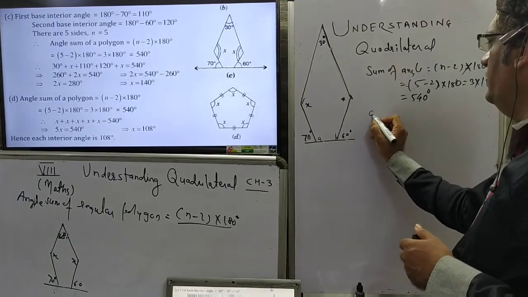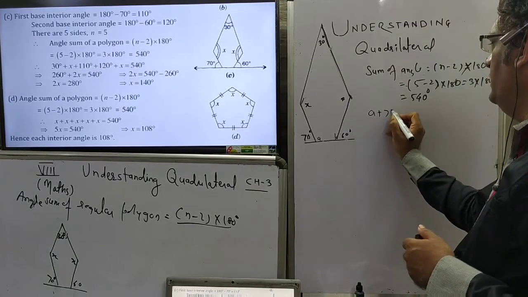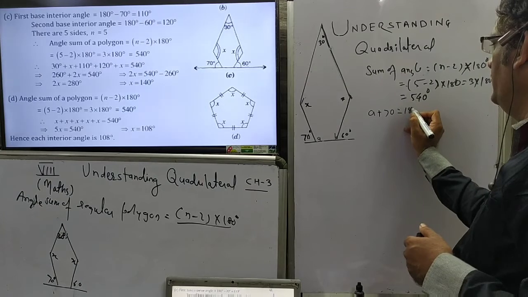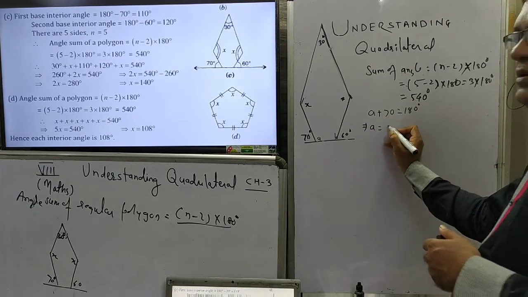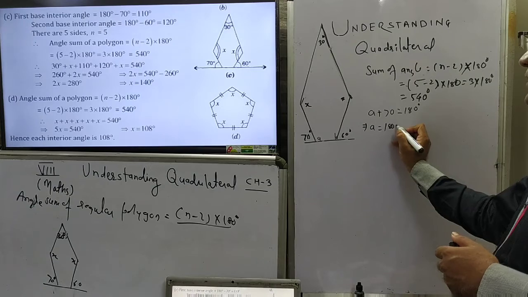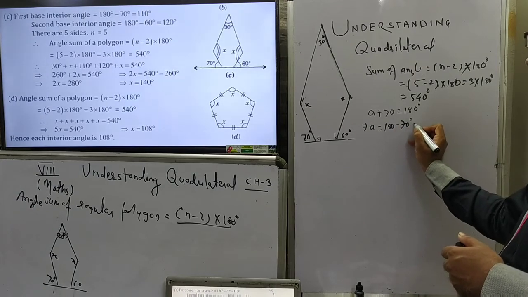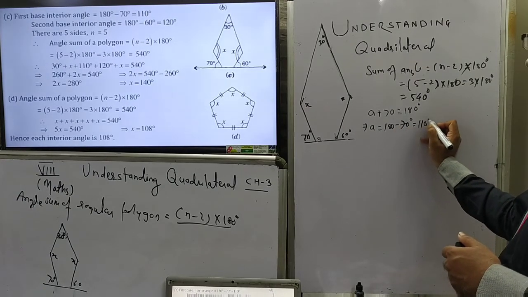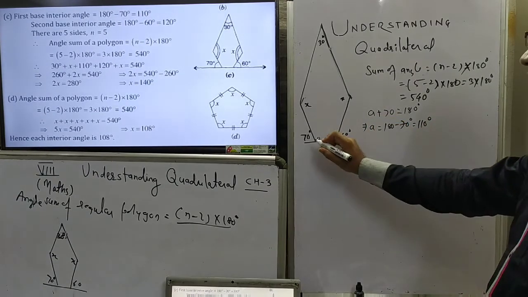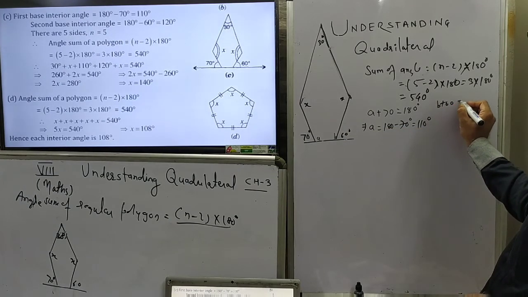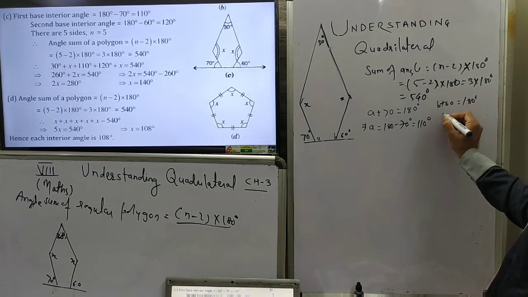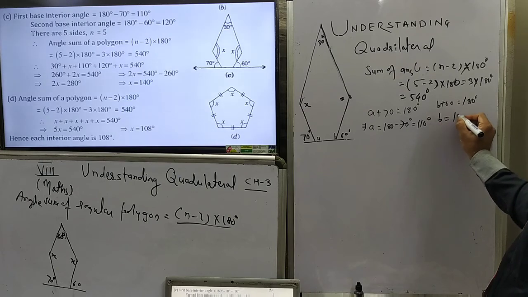So first of all, A plus 70 equal to 180 degrees, which implies A equal to 180 degrees minus 70 degrees, that is 110 degrees. Let us find this angle B. B plus 60 equal to 180 degrees, so B equals 180 minus 60 degrees, that is 120 degrees.